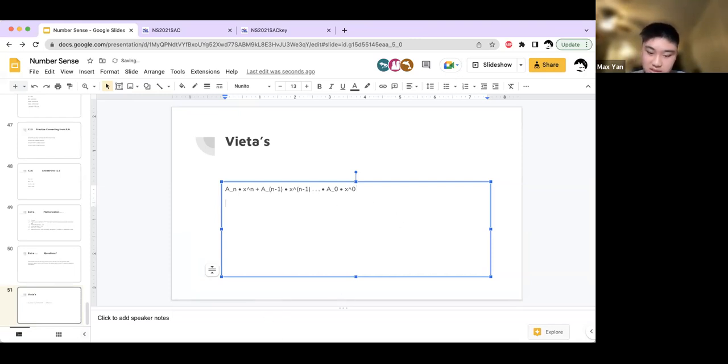We're going to claim that that can be written as a_n times (x minus r1) times (x minus r2) times (x minus r3) times (x minus r_n).